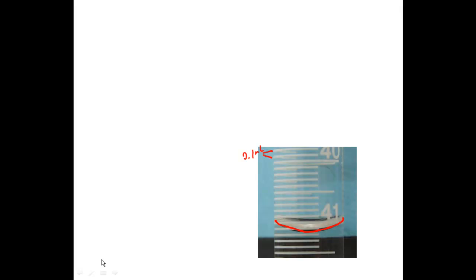When you're recording the number, it's all your certain digits plus your first uncertain digit. In this case, we can be certain to the ones place as well as the tenths place, because we can see that on each one of these marks. One of these is a tenth. So the hundredths place is where we're guessing, and that's where we're going to stop.